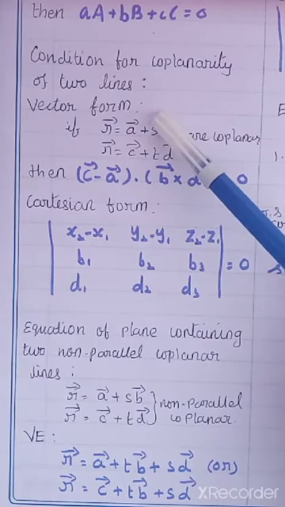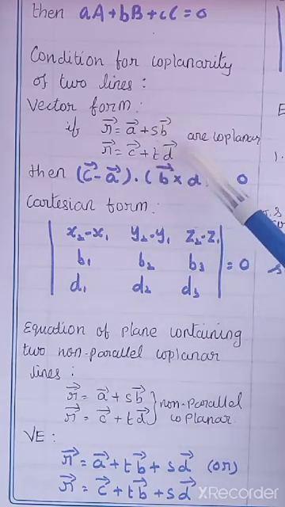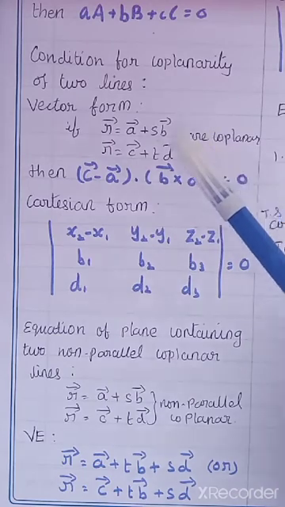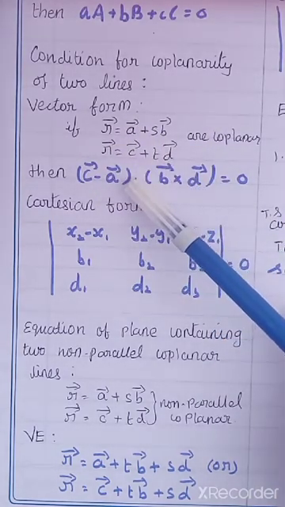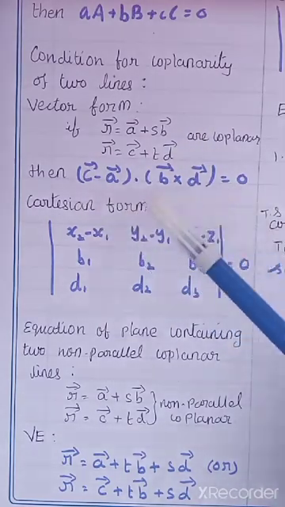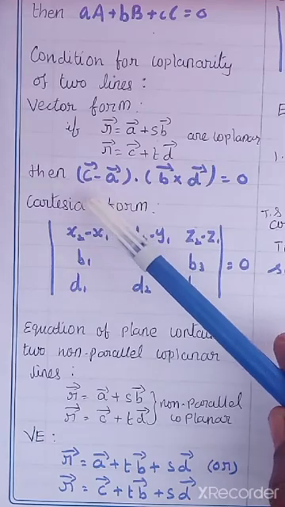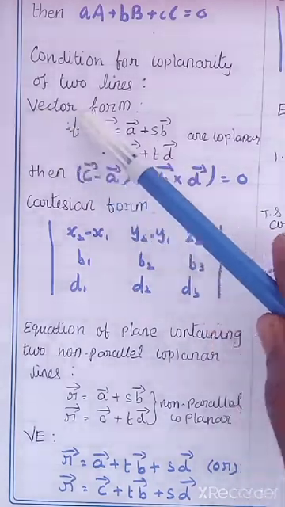We are taking these 2 lines, and we say these 2 lines are coplanar if (c minus a) dot (b cross d) equal to 0. This is your condition. What is the condition? (c minus a) dot (b cross d) equal to 0. This is your vector form.